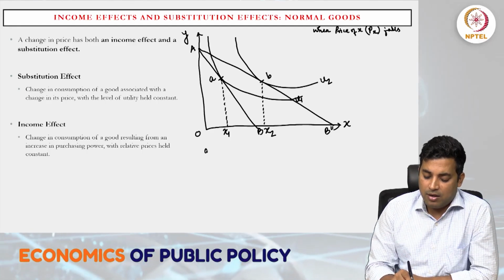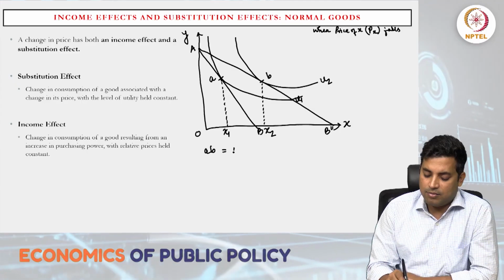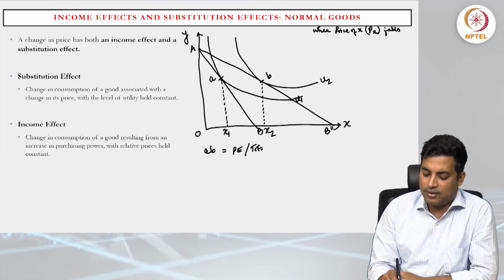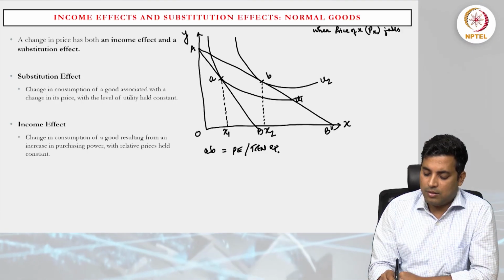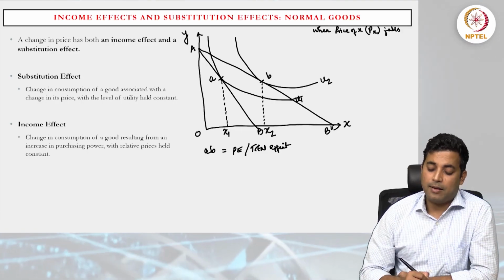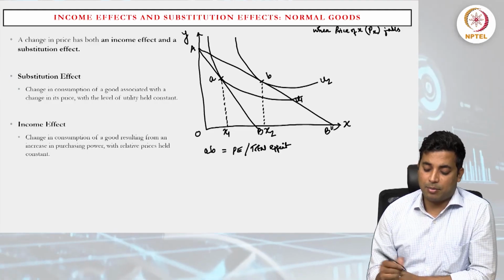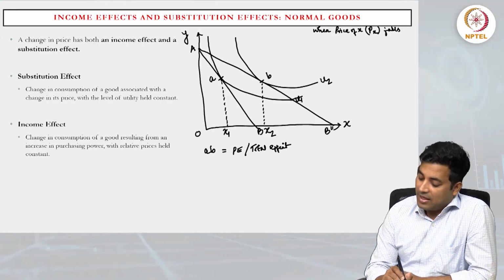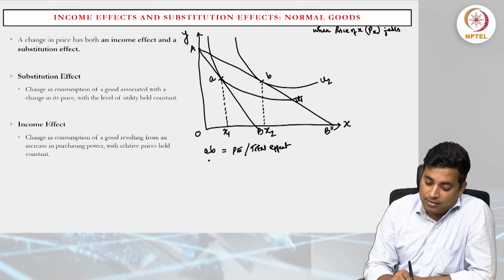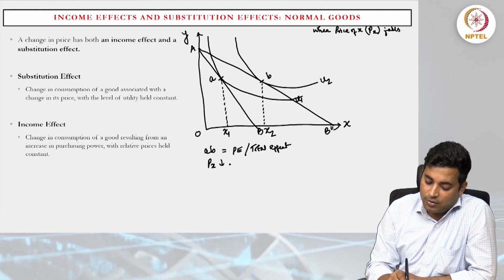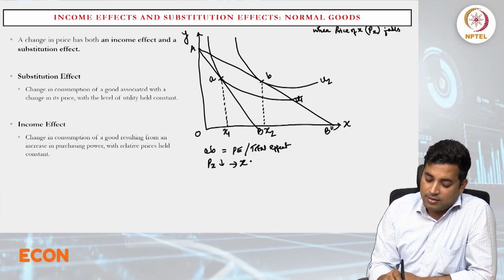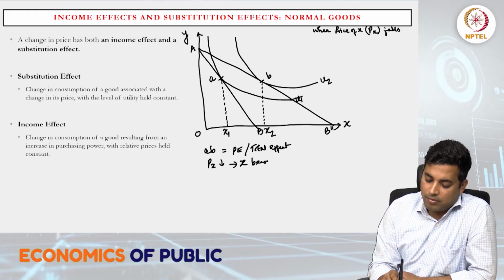So ab is the price effect, or we can call it the total effect here. Now there are a couple of points. If the price of x falls, which means x becomes cheaper, right?